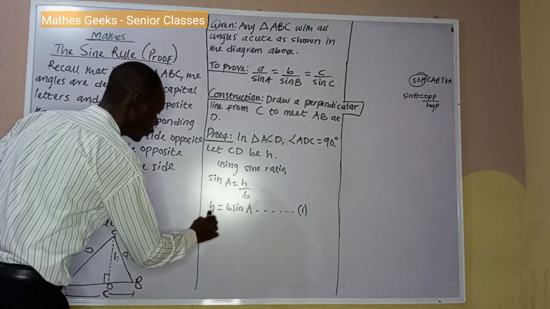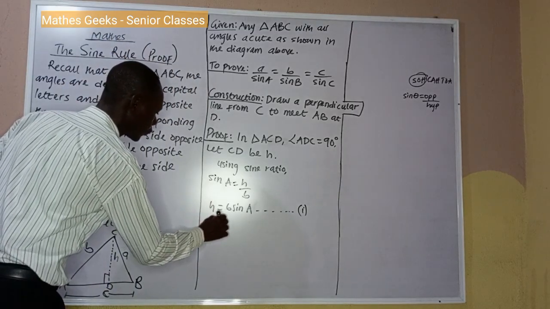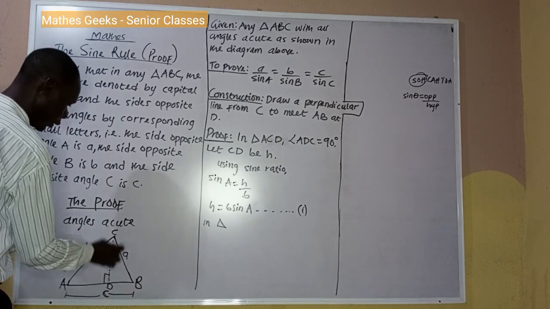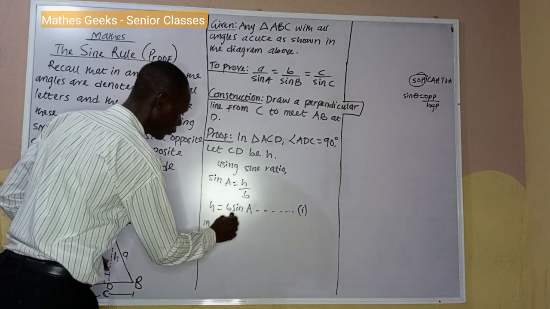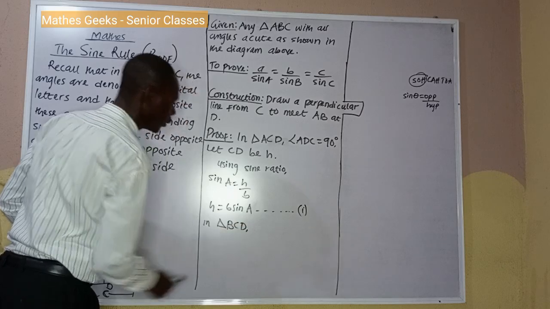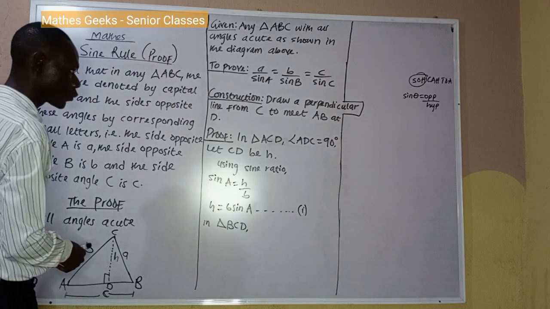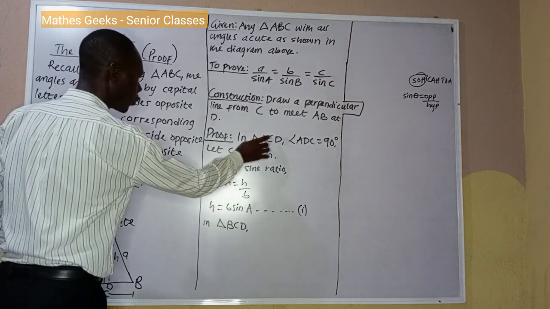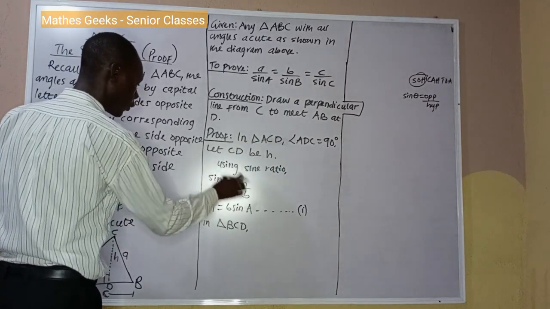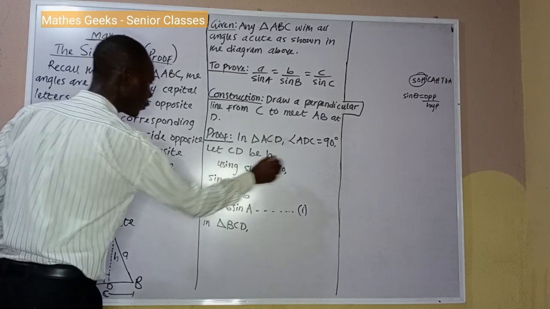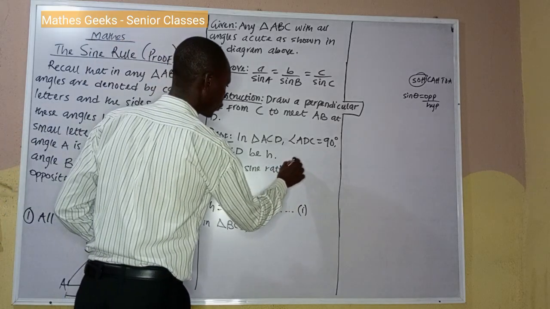So this first one was gotten from triangle ACD. Now I'm going to use triangle BCD.